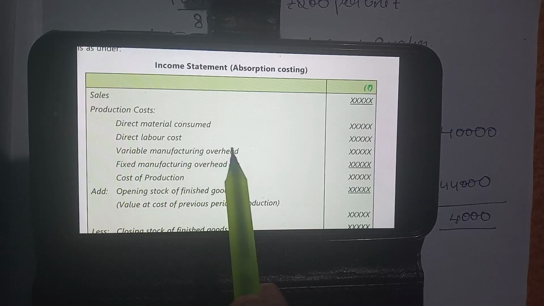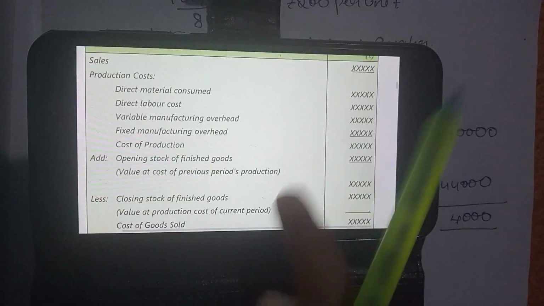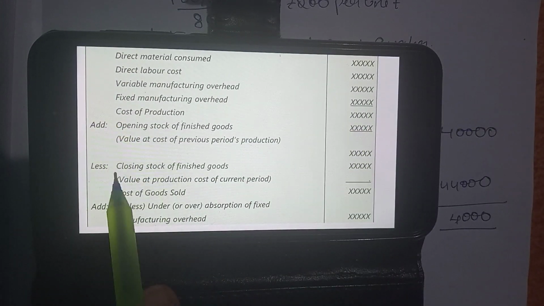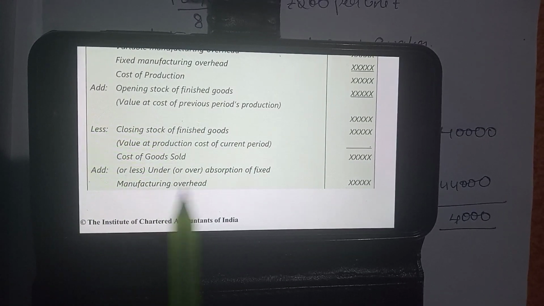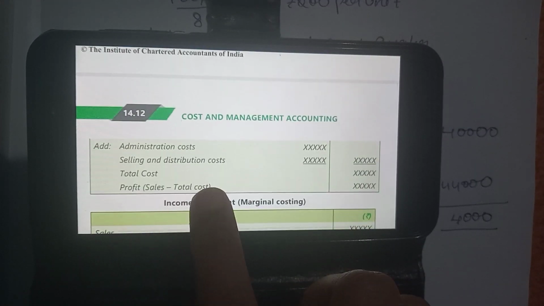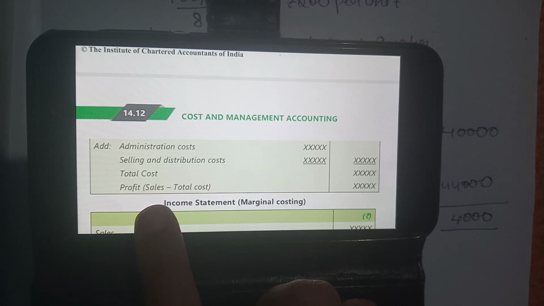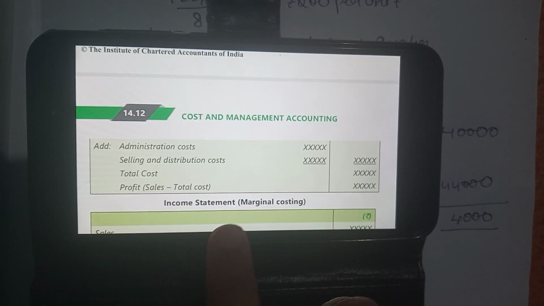Variable manufacturing overhead and fixed manufacturing overhead, and this will give the cost of production. Then add opening stock, then less closing stock, or add or less under and over absorption of costing. Then add administration cost, selling and distribution cost, then it will give you total cost, then profit or loss.